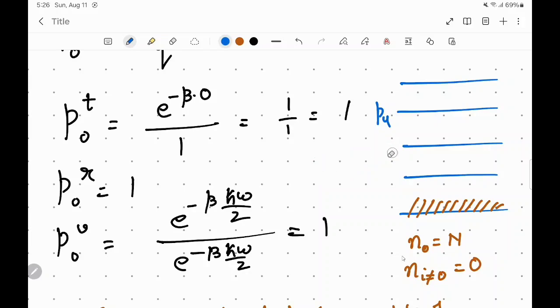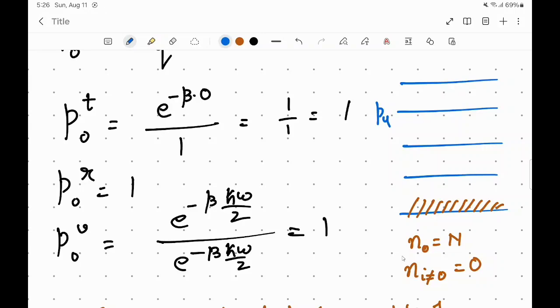Each state has the same probability to be occupied. Just think of it like this: you have an infinite amount of money. That means you can buy a mobile or anything which costs 10,000 or which costs 10 crore. Everything is equal, the probability. That is the definition of infinite. And if you have zero money, you can't buy anything. All probability is 0.